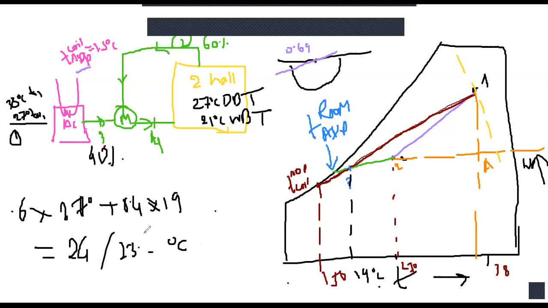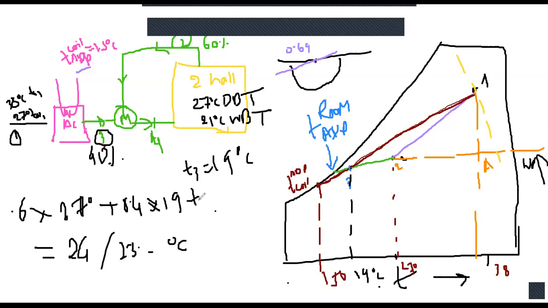Okay, now in our numerical, determine the condition of air after the coil. That means point 3. Condition of the coil, point 3. Point 3 is the condition of the coil. First of all, point 3 is 19 degree. T3 is 19 degree. We have to determine the condition point of 3. What do we get at point 3?